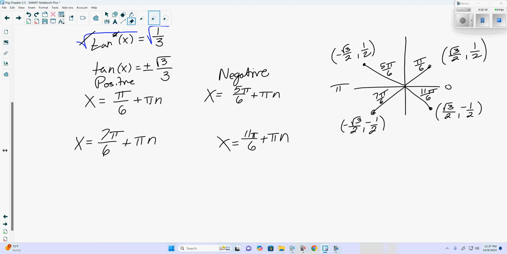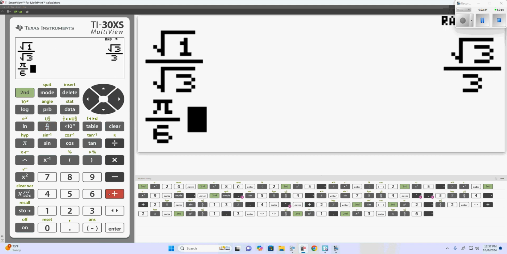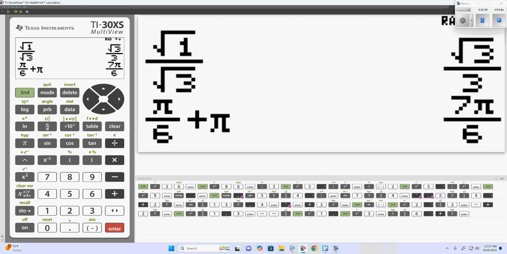Now there is something interesting with this here. As we said, our one here, pi over 6 is our first angle that we have, yes? So we have every coterminal angle. Now if I take pi over 6 and add pi to it, what do I get? 7 pi over 6.